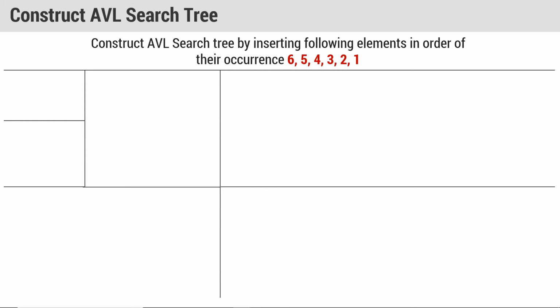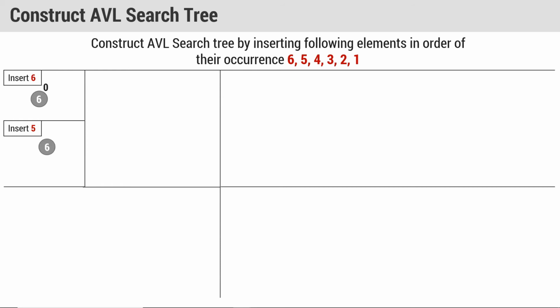Now construct an AVL search tree. Here some data is given, and from this given data we have to construct the AVL tree. First of all, we have to insert 6. So 6 becomes the root node and the balance factor of this node is 0. Now we have to insert 5.